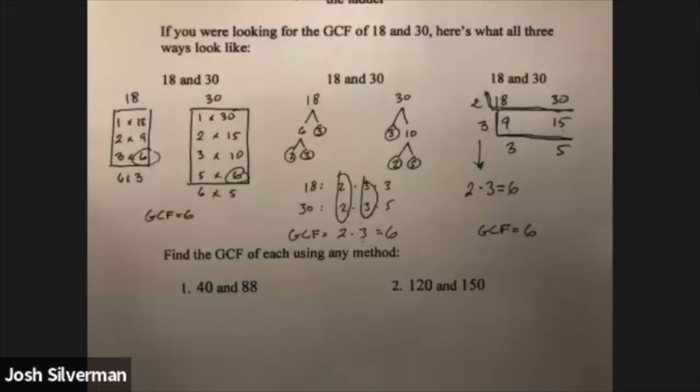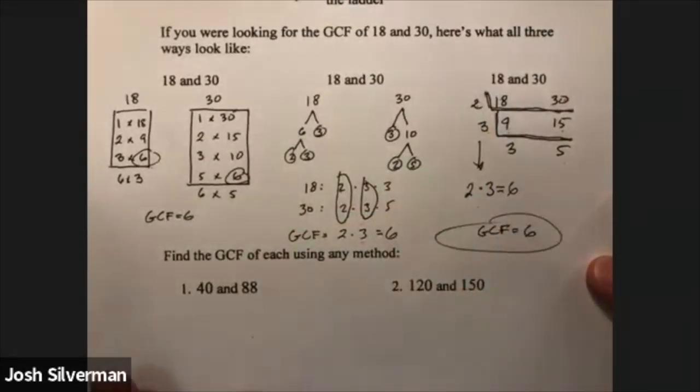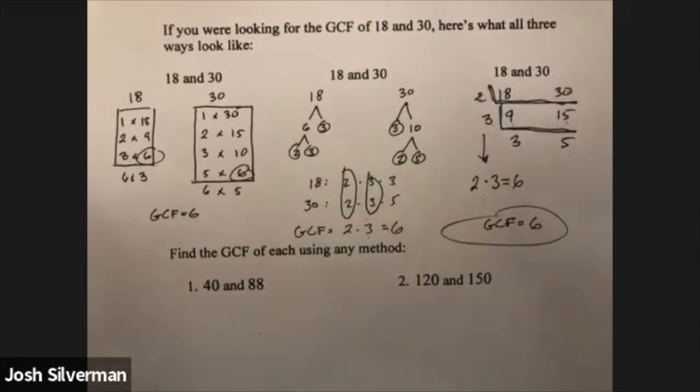And the answer is 1, that means you are done. So, in the last step, you're going to take these numbers on the outside, you multiply them together. That's the GCF. Needless to say, when this young man showed that problem on the board, my brain just went, what?